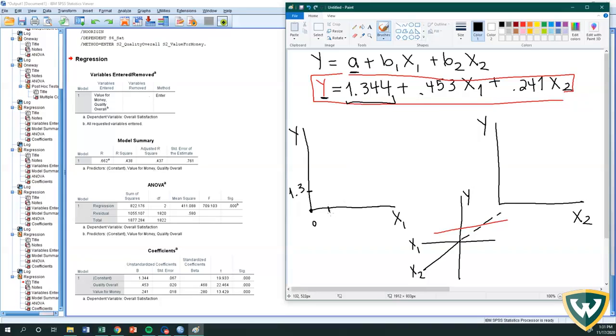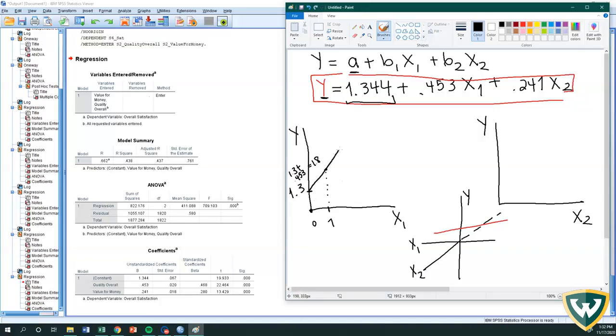So your slope here for this line is 0.453. So if x equals 1, it's 1.3 plus 0.453, which is somewhere around 1.8. Something like 1.8 is here.